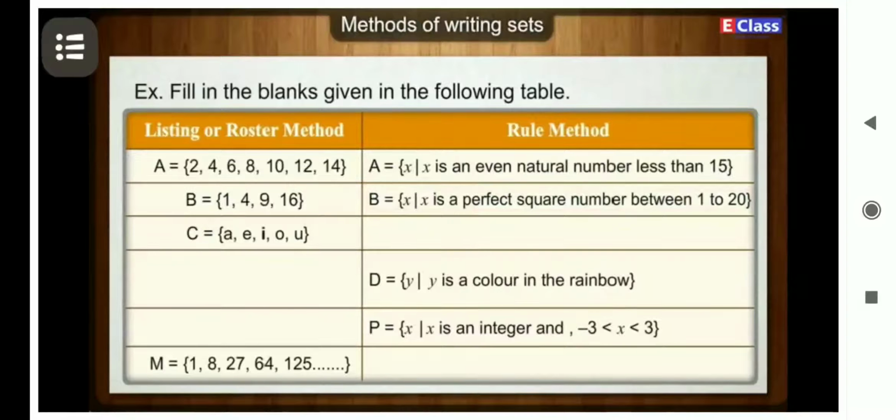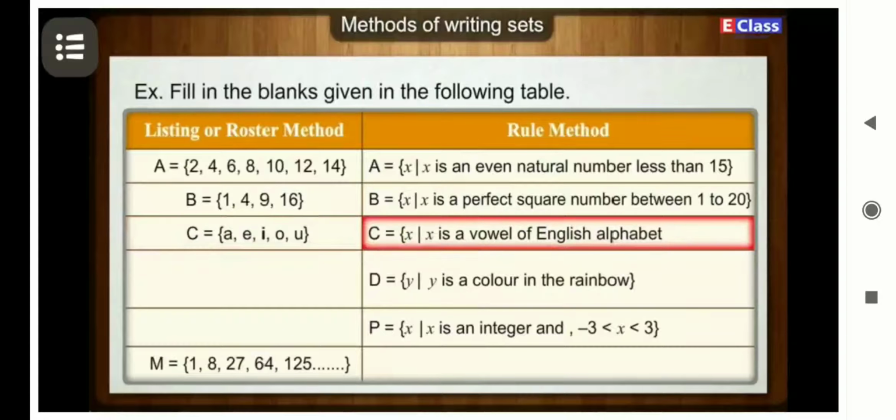Listing or roster method: C = {A, E, I, O, U}. Rule method: C is a set of x such that x is a vowel of English grammar.